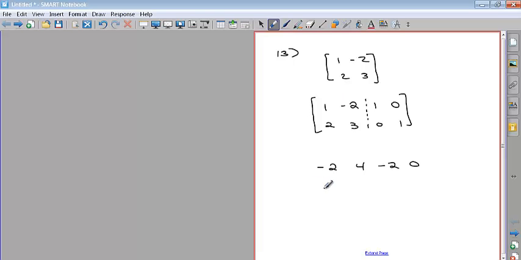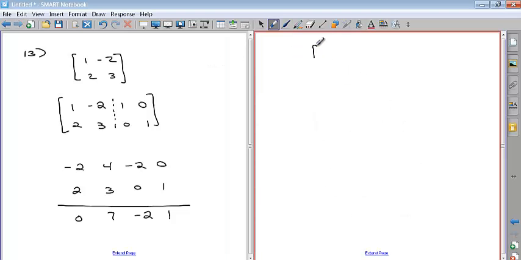And then I'm going to add it to the second row. I'm going to make sure to include all of the elements, not just from this small case. So what you get is 0, 7, -2, 1. Okay, so the matrix now becomes, the first row stays the same. Second row becomes 0, 7, -2, 1.